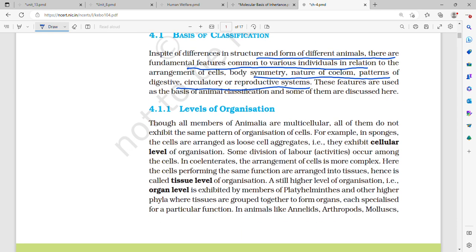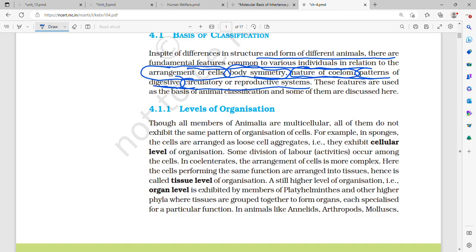So therefore, there are fundamental features on which various individuals can be classified: arrangement of cells, then body symmetry, whether they are asymmetric, bilaterally symmetric or radially symmetric, nature of coelom, whether they are pseudocoelomate, acoelomate or true coelomate, that is they possess a true coelom. Then patterns of digestive system, circulatory system: open circulatory system, that is no blood vessels, and closed circulatory system, blood flows in veins and capillaries.